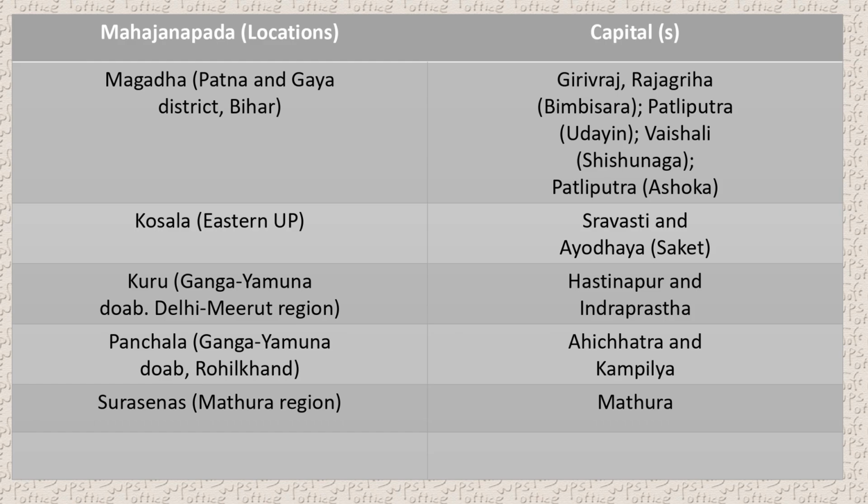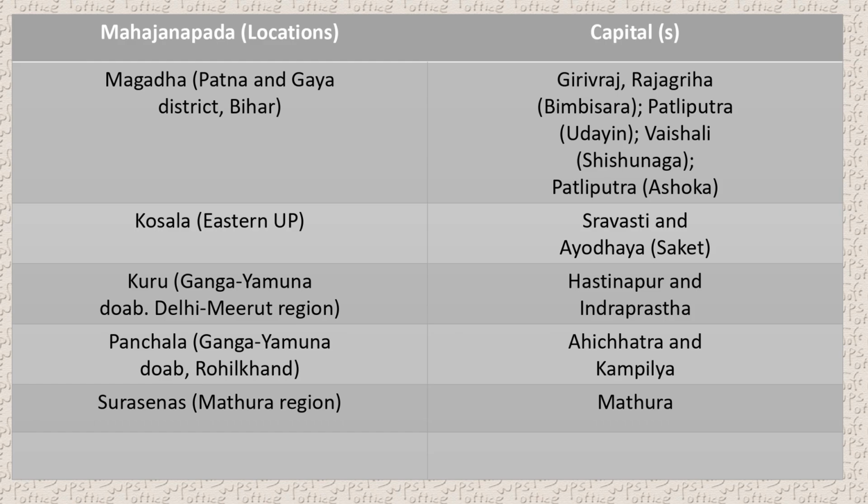Udayin, Vaishali, Shishunaga, Pataliputra, Ashoka. Kosala, Eastern UP, Sravasti and Ayodhya, Saket. Kuru, Ganga-Yamuna Doab, Delhi-Meerut region, Hastinapur and Indraprastha. Panchala, Ganga-Yamuna Doab, Rohilkhand, Ahichchhatra and Kampilya.